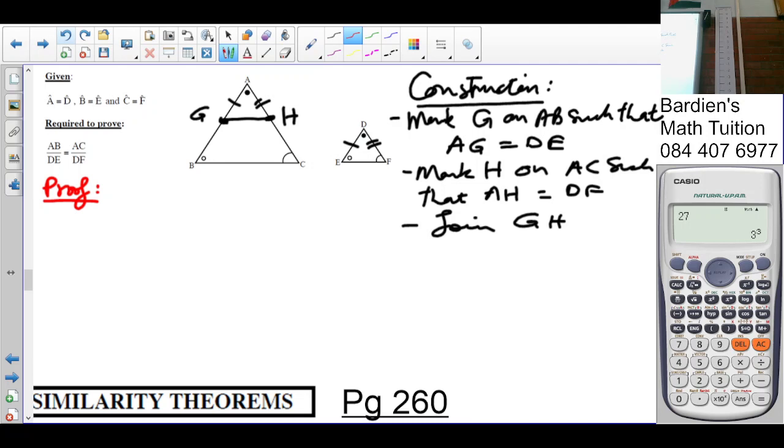So what we're going to do is prove congruency in triangle GAH and DEF. We're going to prove that these two triangles are congruent. So where do we start? We say in triangle AGH and triangle DEF, what can we say so far of the two triangles?